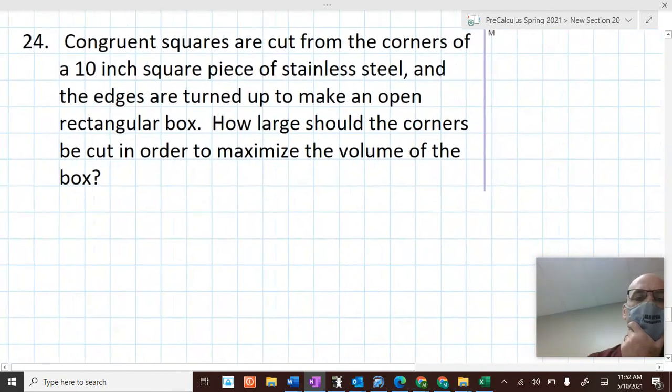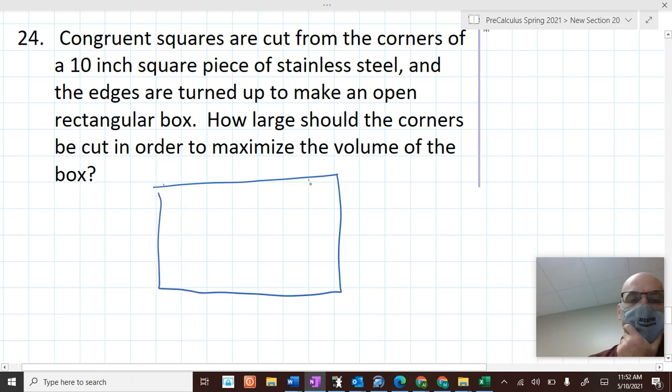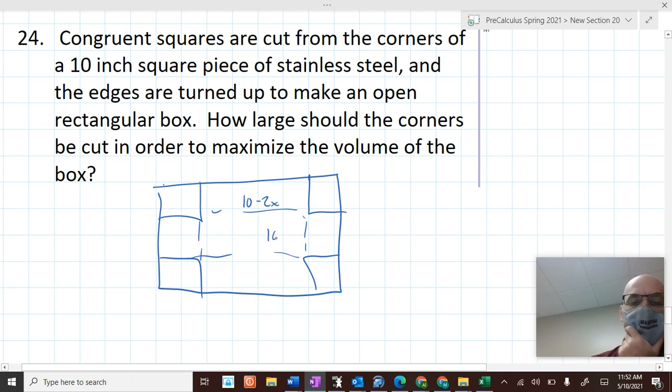Squares are cut from a 10-inch square piece of stainless steel. So it's a square. Boom, boom, boom, boom. So this is 10 minus 2x, this is 10 minus 2x, and this is x.